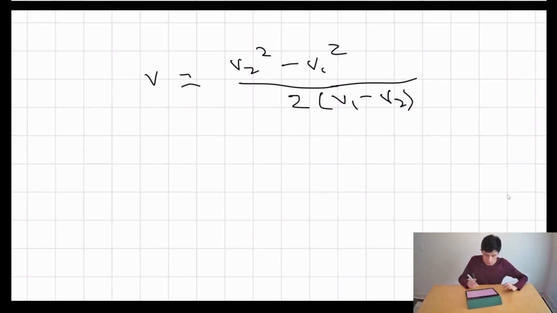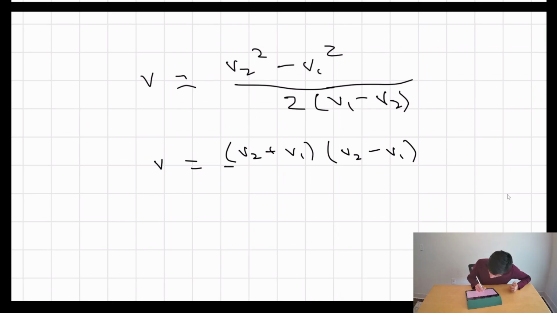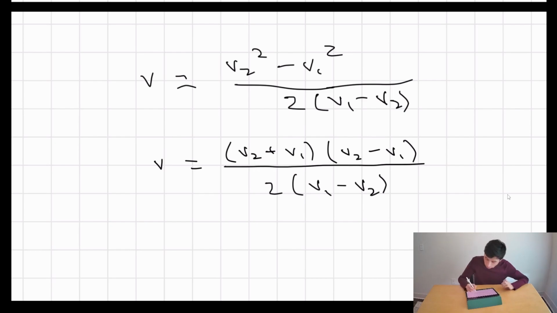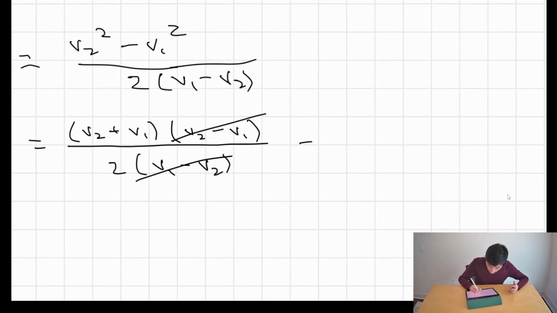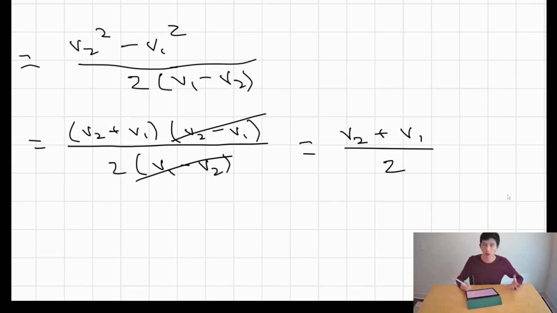If we open it into two brackets, we know that V2 squared minus V1 squared is equal to (V2 plus V1)(V2 minus V1), and 2 times (V1 minus V2), right? So the change of velocities. So we can clearly see that they are going to get cancelled, and what we are left with is the sum of the two velocities over 2.